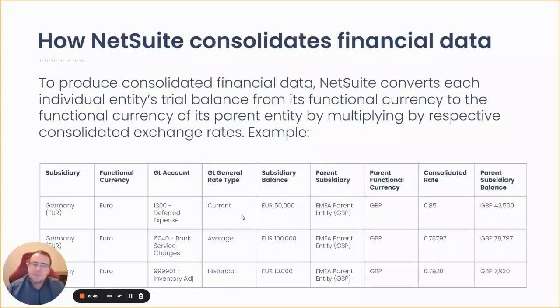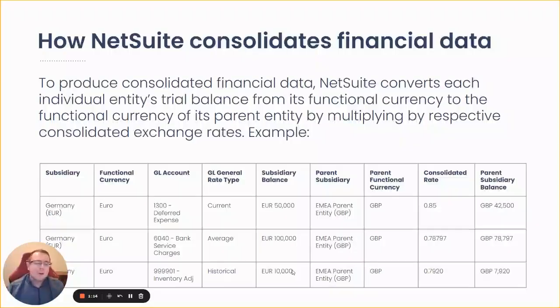Deferred expense measured at the current rate, bank charges measured at the average rate, and inventory adjustments measured at the historical rate. In this column, we have the outstanding balance at the end of the period for the entity. So 50,000 euros in deferred expense, 100,000 euros in bank charges, and 10,000 euros in inventory adjustments.